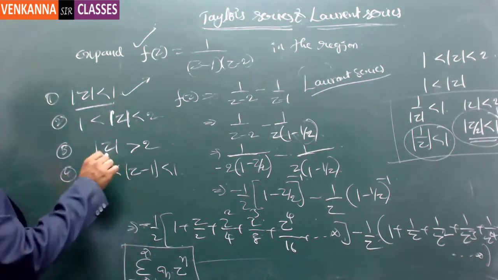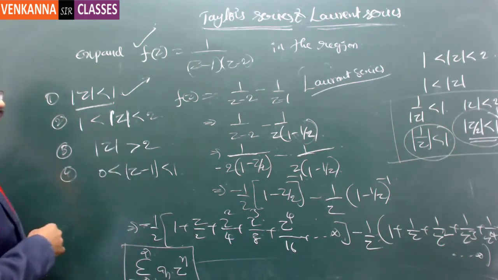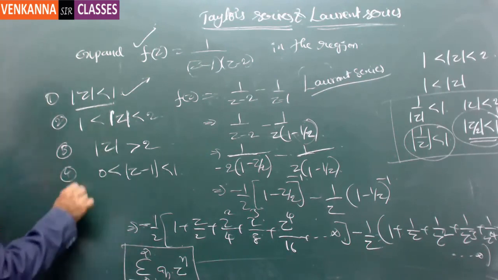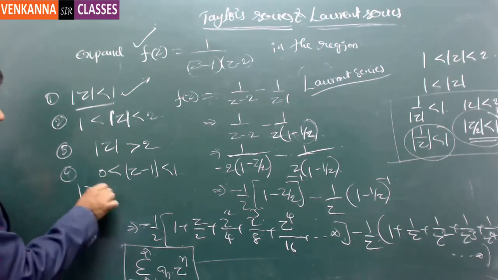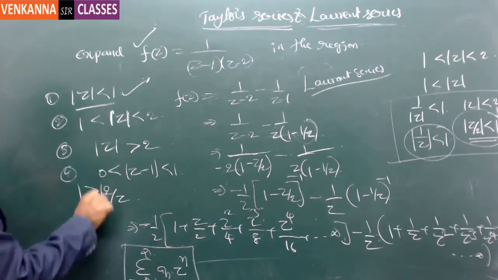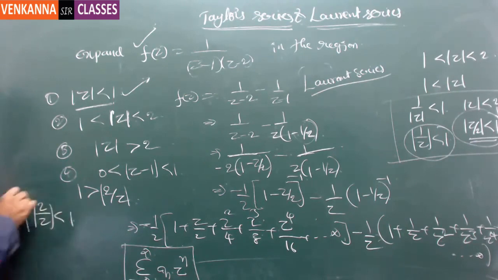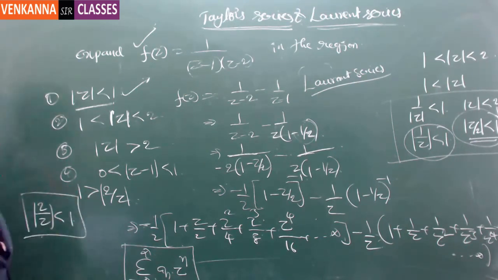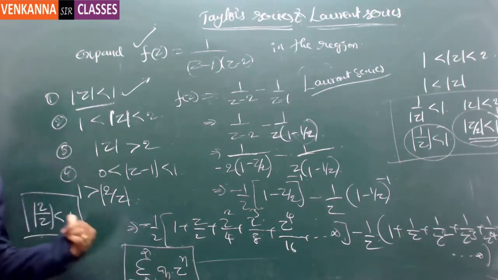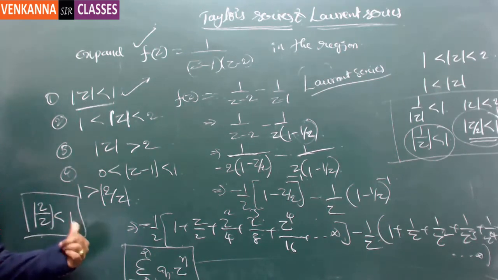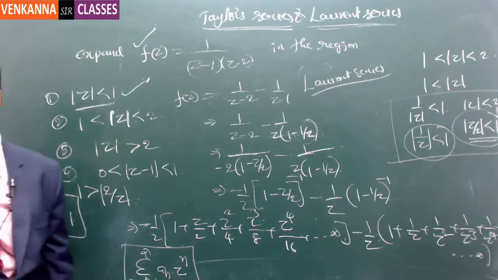Here the condition is mod z greater than 2. So if mod z is greater than 2, then 1 is greater than 2 by z. So this is the condition, or 2 by mod z is less than 1. This is the condition for which you want to expand. If 2 by z is less than 1, definitely 1 by z will also be less than 1. This is the condition which you are going to use.